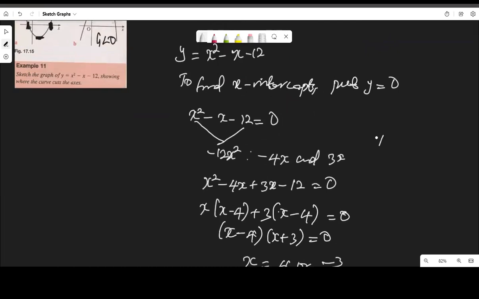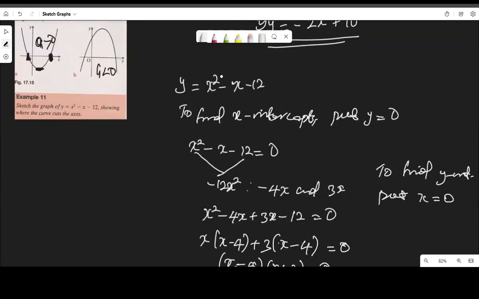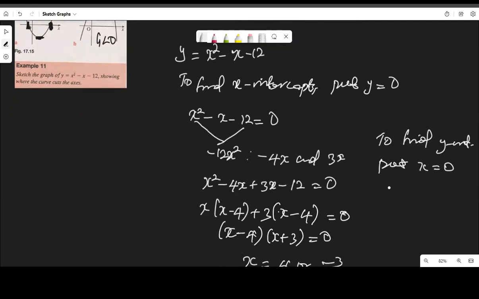Now to find the y-intercept, we put x to be 0. If I put x to be 0, the whole of this will be 0, so y is equal to negative 12. So the y-intercept is 0, negative 12.